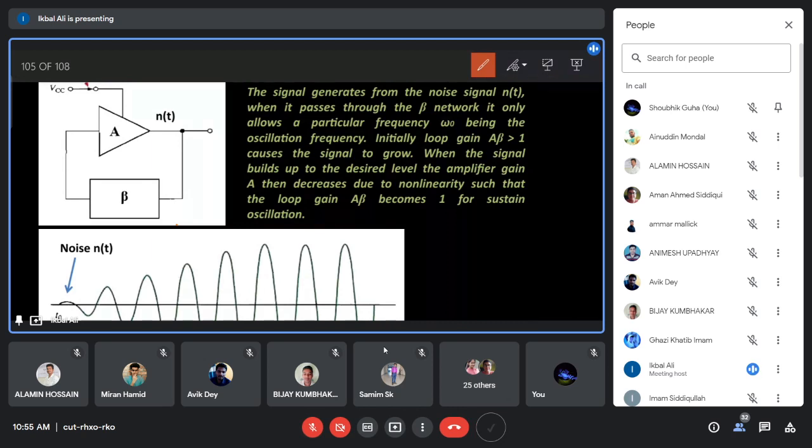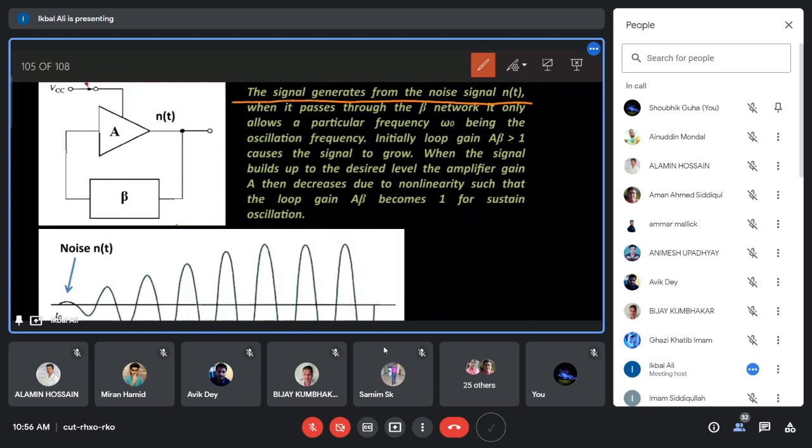Oscillator signal will grow, noise will grow up in the output side at a particular frequency, and automatically the amplifier gain will be lowered and A beta will become 1, and you will get a constant sustained oscillation at the output of the oscillator. The signal generates from the noise signal.